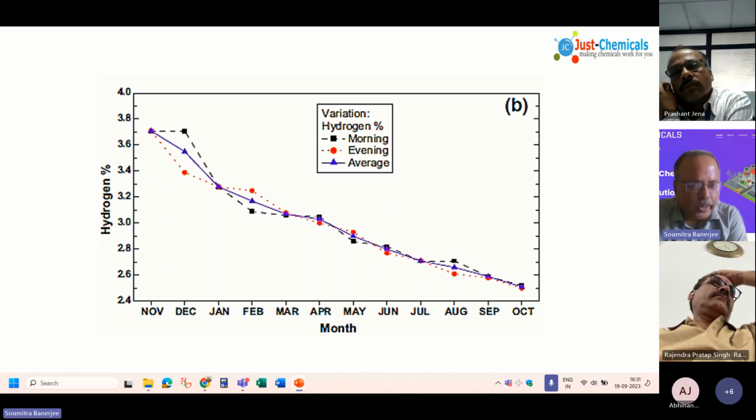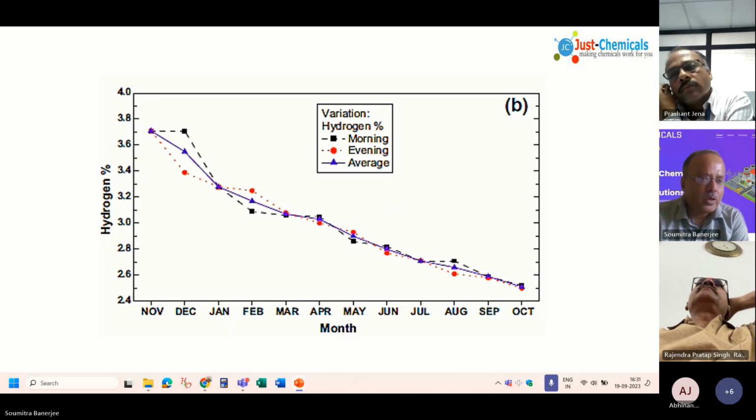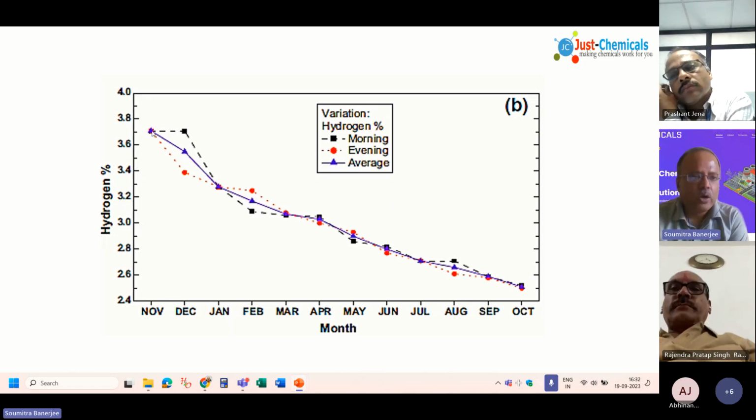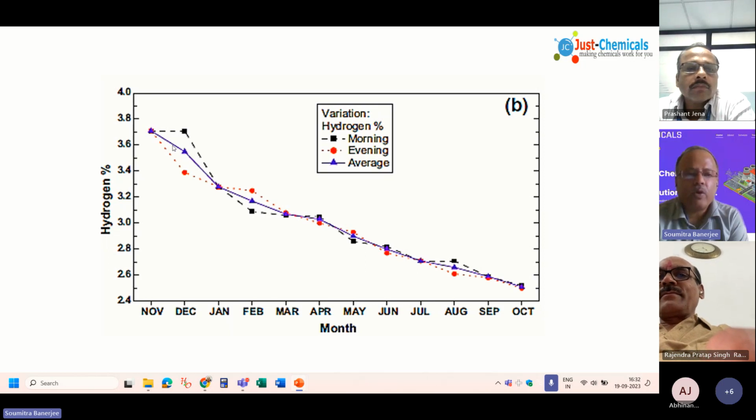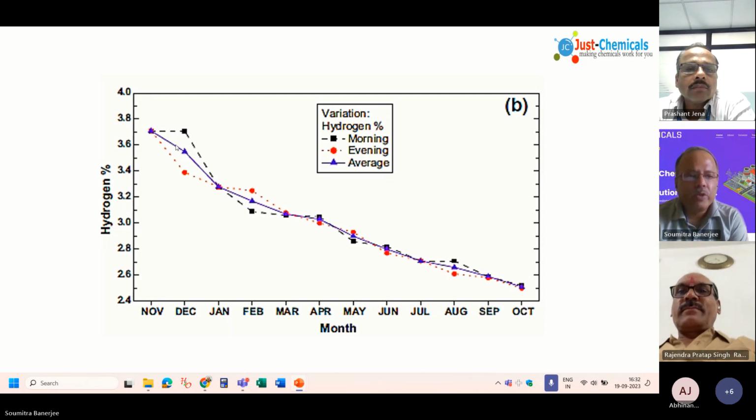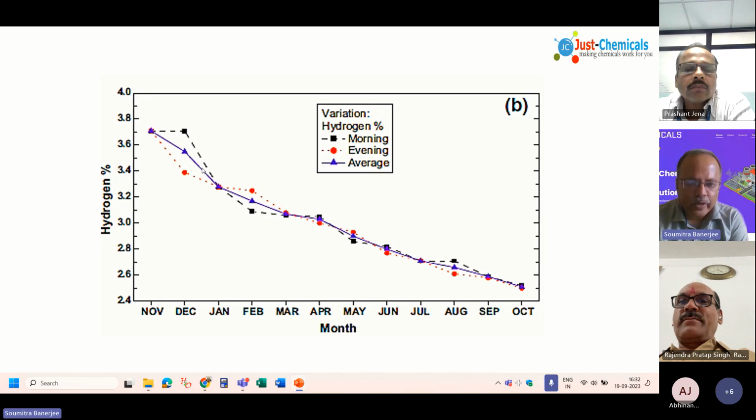So my hydrogen percentage has also gone down, and in the first month itself hydrogen has started deteriorating, because hydrogen here was in the form of VM, and VM starts getting out within the first 7 days itself. So this is how you're getting down.